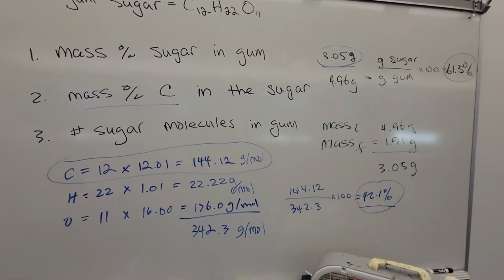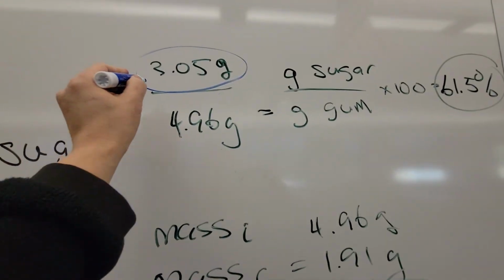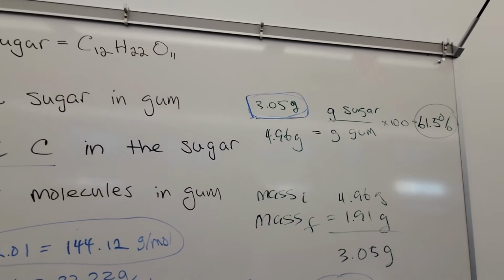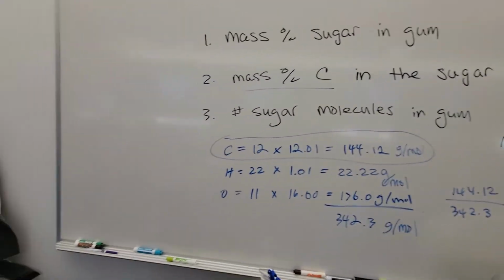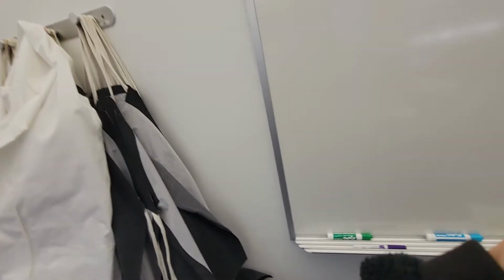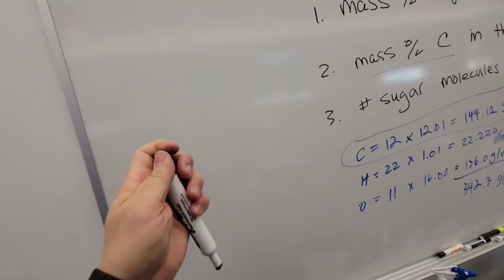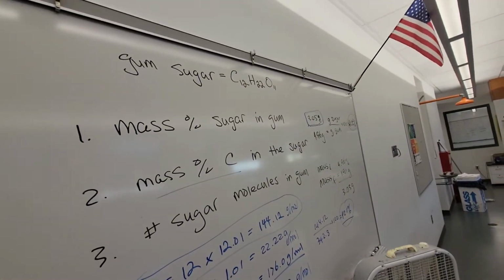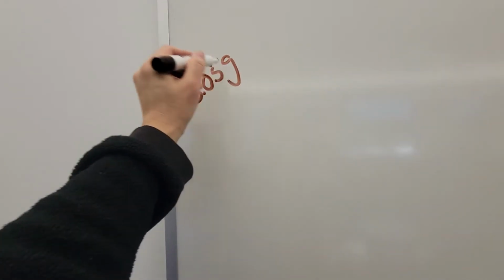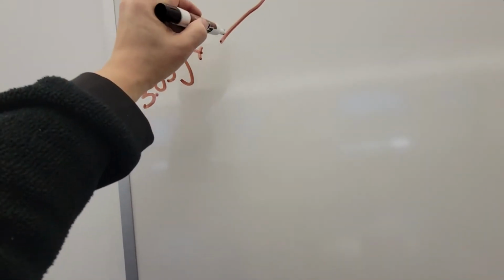How many sugar molecules are in the gum? So we have the mass of the sugar in the gum right there. So let's just convert that to molecules. I'll do that in this final color, brown. So we're starting with 3.05 grams of sugar, and let's turn that into moles.